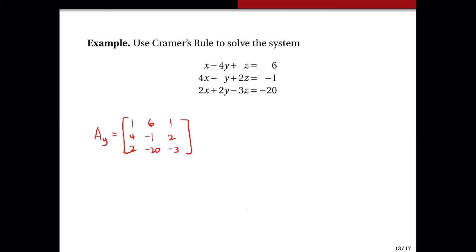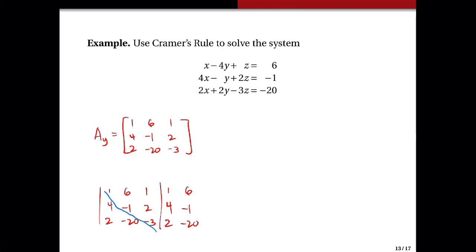So we want the determinant of A sub y. So we have here 1, 4, 2, 6, negative 1, negative 20, 1, 2, negative 3. Then we augment 1, 4, 2, 6, negative 1, negative 20.